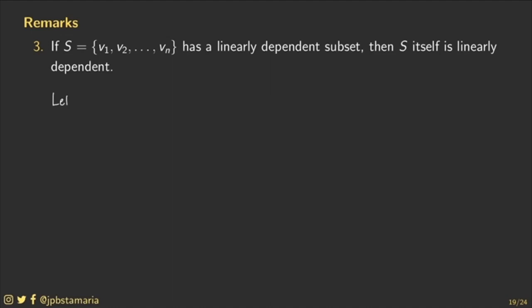Let's say t is some integer between 1 and n, and let's assume without loss of generality that the subset that is linearly dependent is the subset from V1 up to Vt.